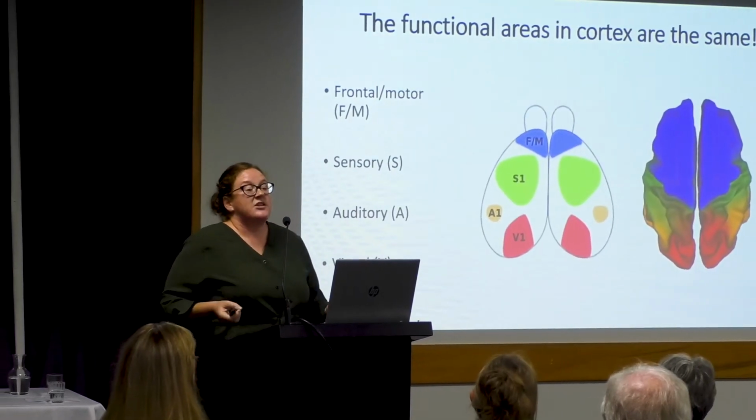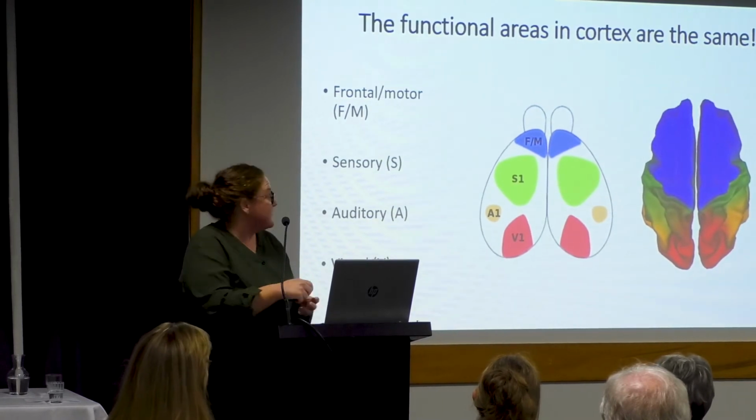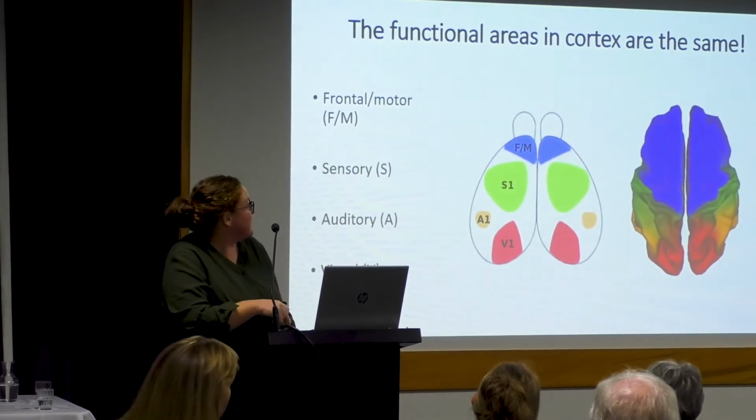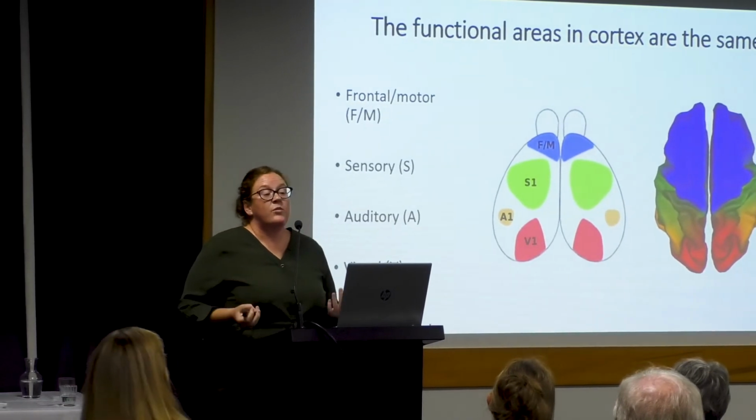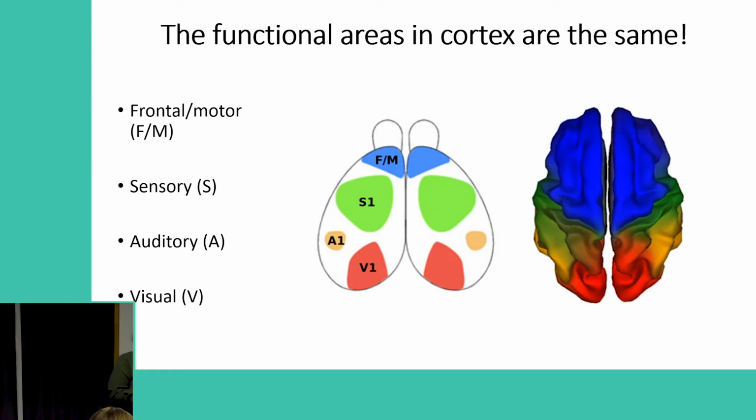But one of the things that's quite striking if you look at the cortex of mice versus humans, so mouse here and human here, is that if you look at what functions the different parts of the brain do, it's completely overlapped, so it's very much the same. And of course, this is because we had a common ancestor.